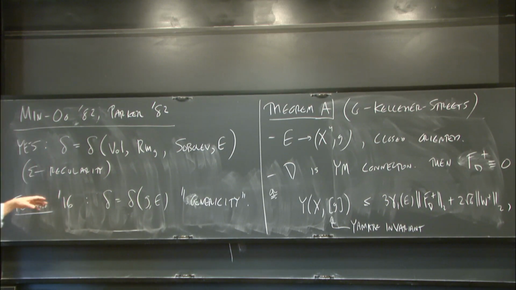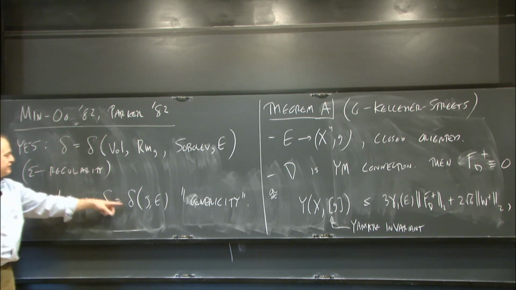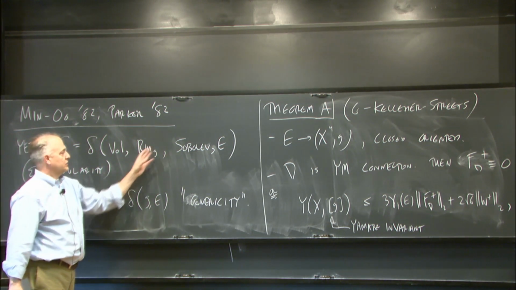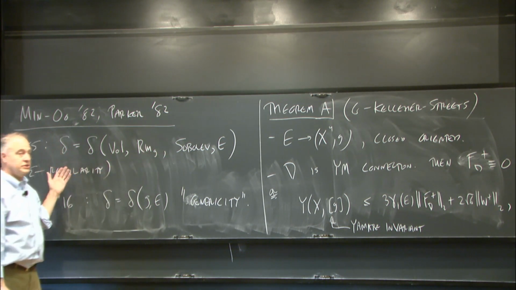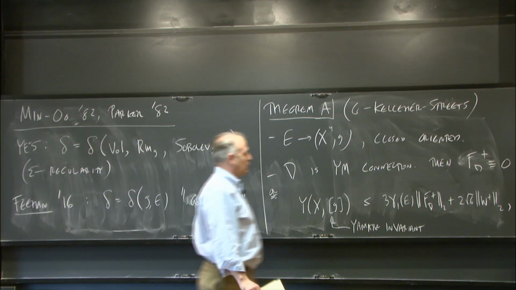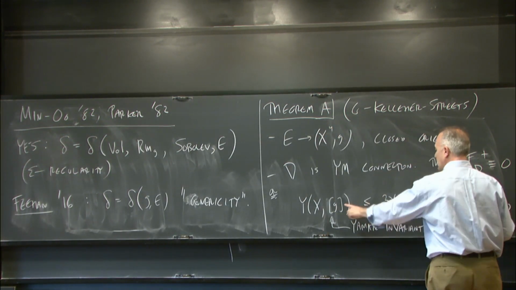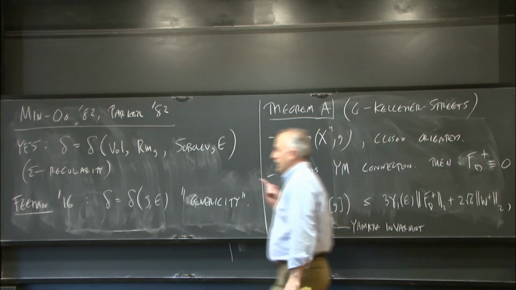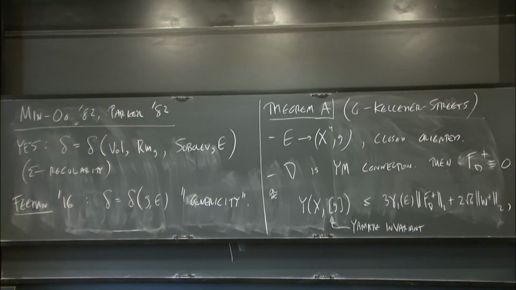A little bit unsatisfying thing about previous results, in addition to the fact that you couldn't really quantify these constants, is that it doesn't reflect the conformal invariance of the Yang-Mills energy. All the data here is sensitive to conformally changing the metric, but the Yang-Mills energy is insensitive to conformal change in the metric. So this estimate here is conformally invariant. Every term is.